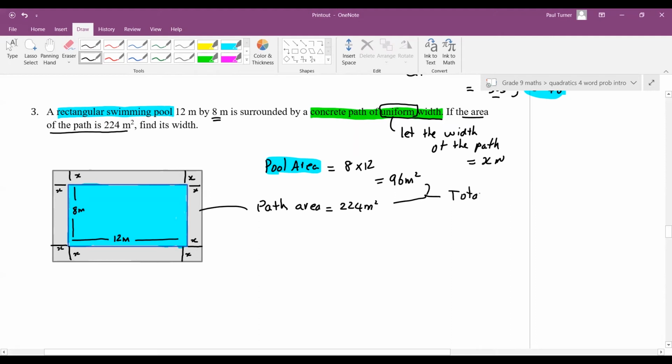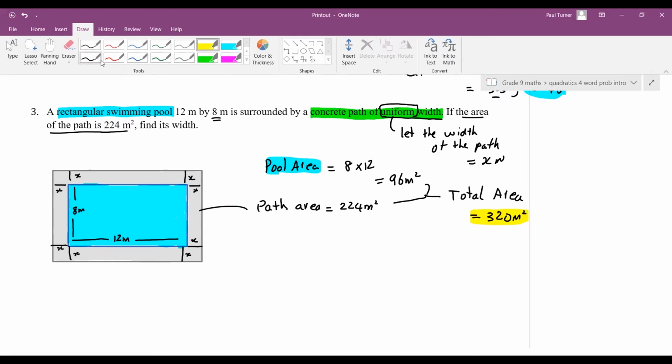So total area, that will be 320 square meters. Keep that number in your mind, this one here. So that's the total area. So that's the blue area plus the gray area, the total area. And the path area is in gray.